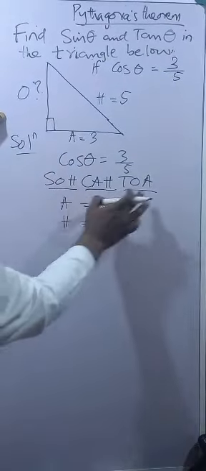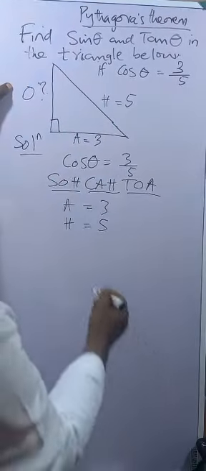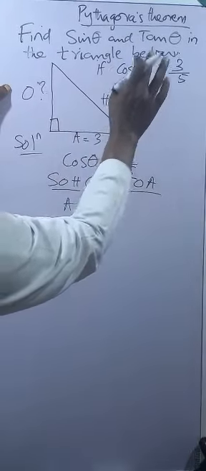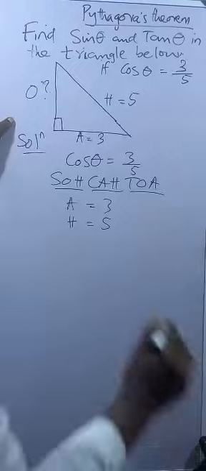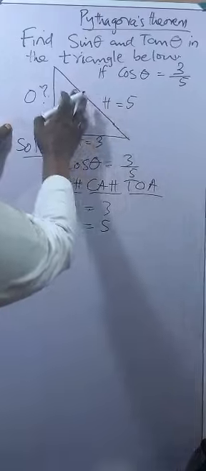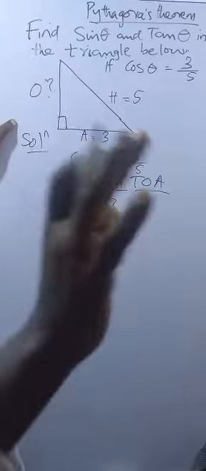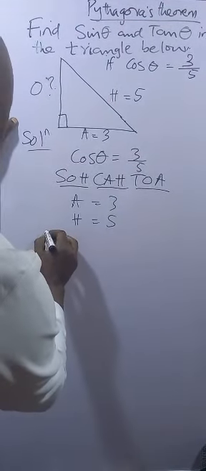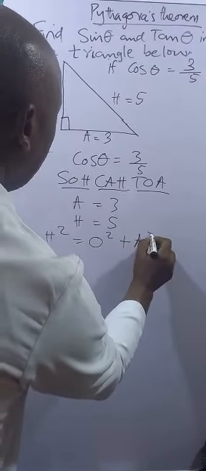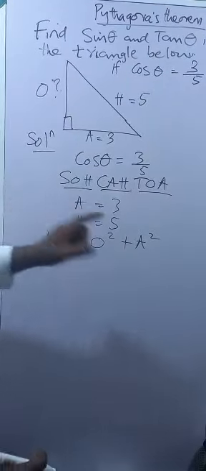You can see that it's only the two of them that contain O. This is a right angle triangle, so this is where we are going to use the Pythagoras theorem, which says that the square of the hypotenuse is equal to the sum of the square of the adjacent and the opposite, meaning that h square is equal to O square plus A square. This is the law of the Pythagoras theorem.